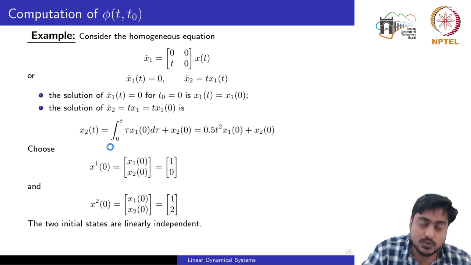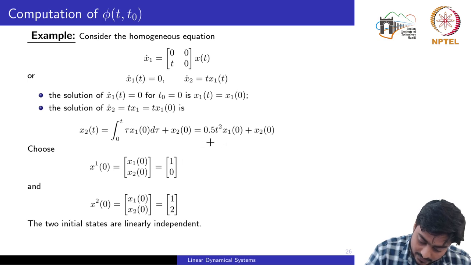Now we choose two different initial conditions. Let's say one initial condition is 1 0 and another initial condition is 1 2. Now these two initial conditions should be linearly independent because of the property we saw in the last slide, that if these two initial conditions are linearly independent, then that matrix would be a fundamental matrix, right?